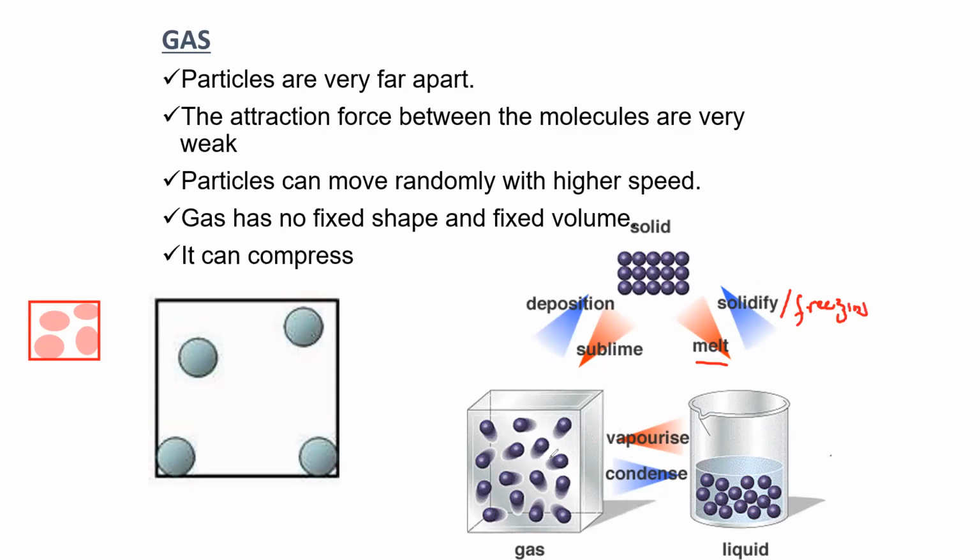If a liquid is turning into a gas, we call it vaporization or evaporation, or we can also say boiling. In this chapter, we'll discuss the difference between evaporation and boiling as well. What is condensation? When a gas turns back to a liquid, we call that condensation.